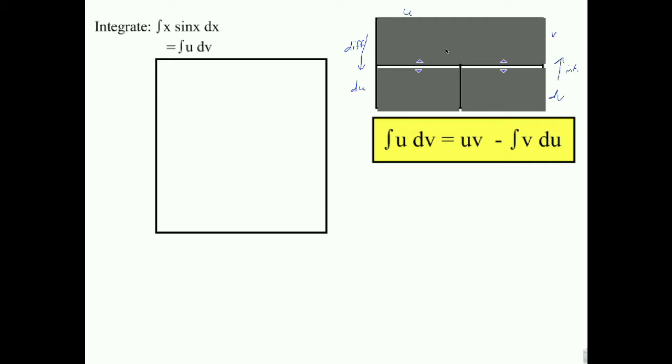So what's a good choice for these? Remember, u, when you differentiate it, should become simpler. So we could differentiate x. We could put x here. Differentiating would just give dx. That becomes simpler. We could put sine x here. If we differentiate sine x, we get cosine x, which isn't more complicated, but it's also not simpler.